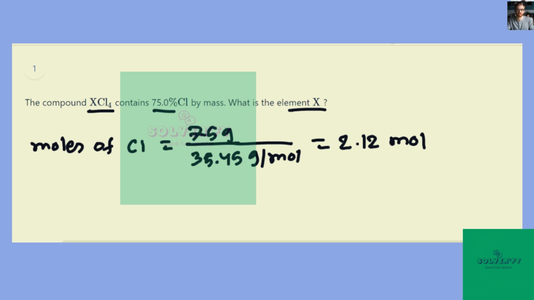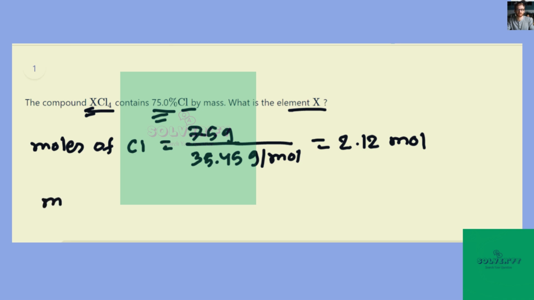Now, if we consider the mass of X in the compound as 25 grams, since the total mass of the compound will be 100 gram, and since chlorine's mass is 75 gram, that means the rest will be the mass of X. Since there is no other element in this compound, the mass of X in this compound will be 25 gram.